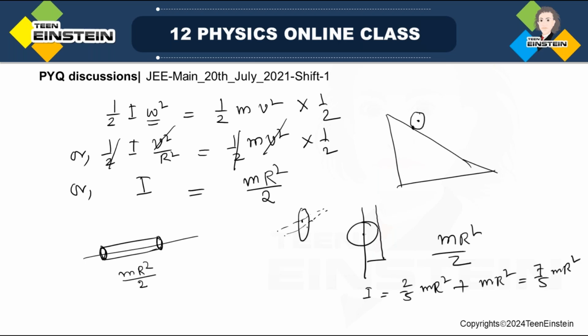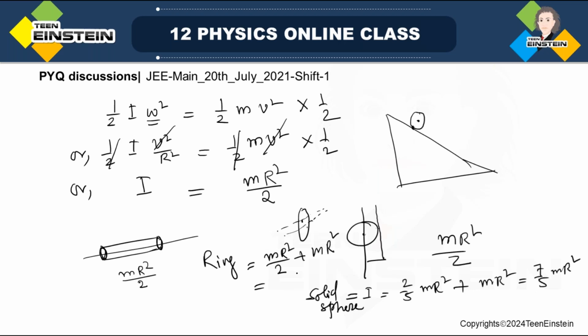For a ring, the moment of inertia about the diameter is m r square by 2, plus m r square.